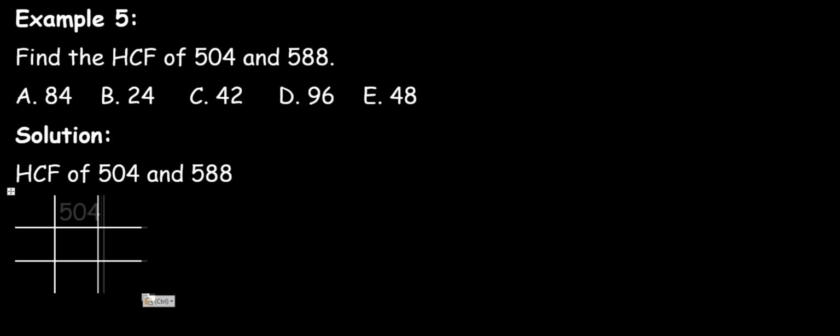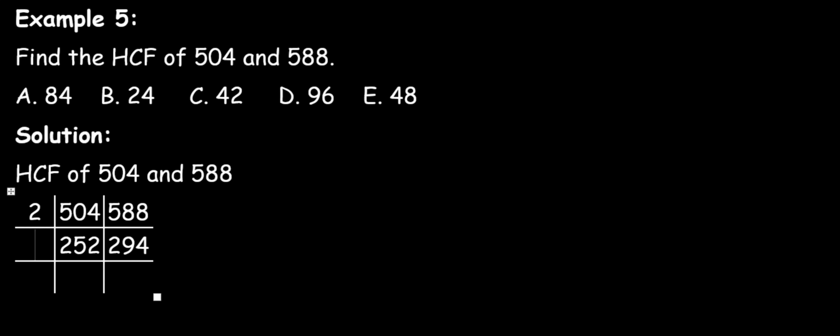Let's rule our line and input the values. Any number we pick should be able to divide through without a remainder. The first number we pick here is 2. 2 divides 504 to give 252. 2 divides 588 to give 294.